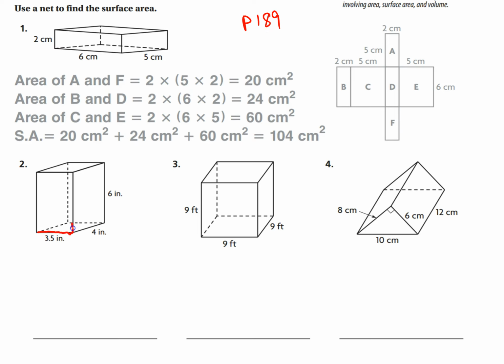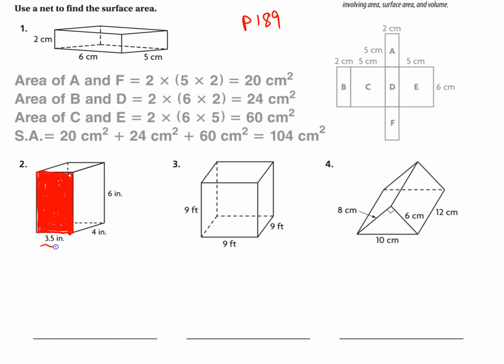So we need to find the area of this front. And remember, once we find the area of the front, we multiply it by 2 because there is a front and a back, and the front and the back have the same area. Okay, so I like to shade that in so I can see what I'm looking at.